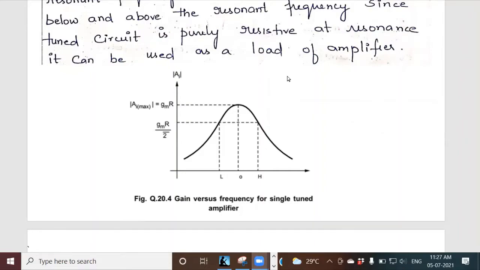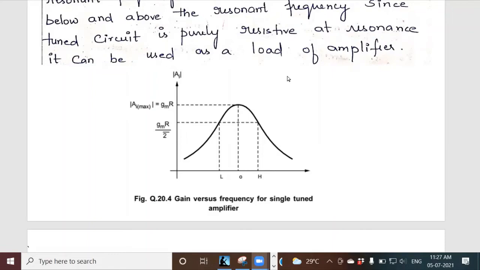For example, a radio receiver. Which channel you want, only that one you want to hear, isn't it? You don't want all the frequencies, only a particular frequency you need. You can make use of tuned amplifiers which will select the particular frequency, and then you can filter out the remaining frequencies.